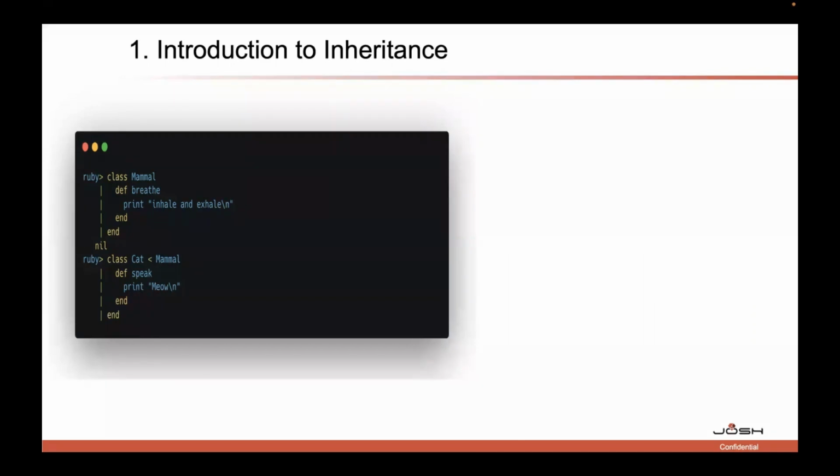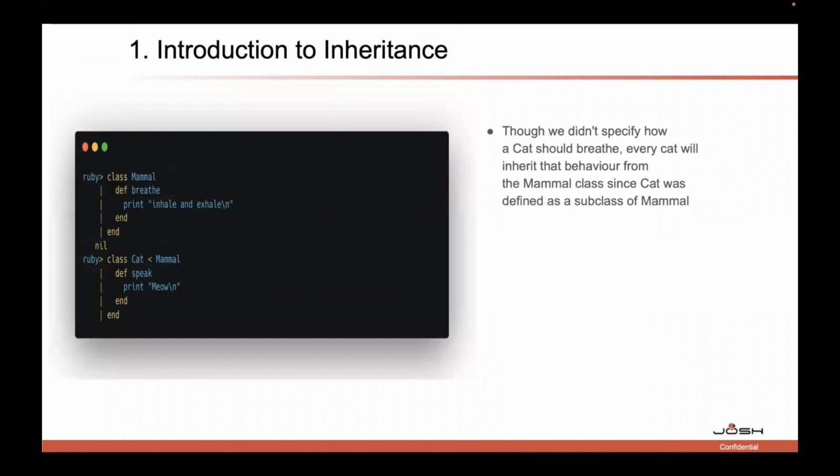Since cat is inherited from the mammal class, the instance methods of the mammal class will be available to the cat class for free. Though we didn't specify how a cat should breathe, every cat will inherit that behavior from the mammal class, since cat was defined as a subclass of mammal.